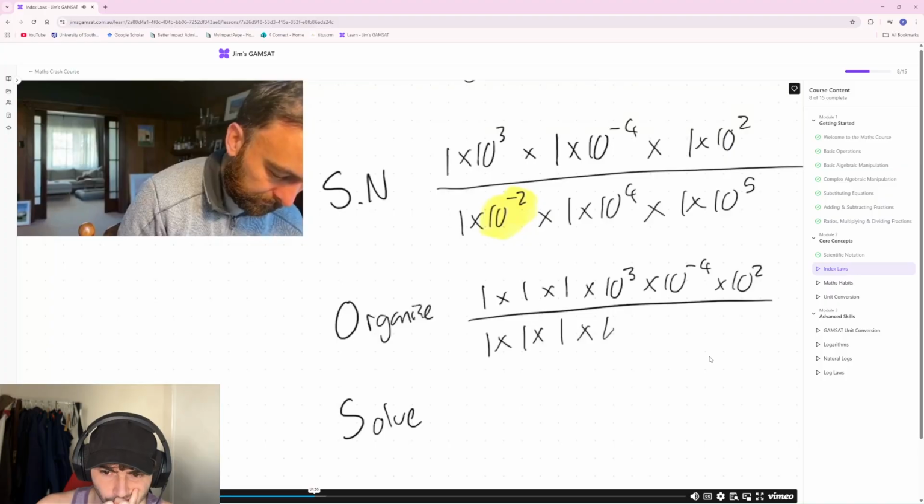Divided by 1 times 1 times 1 times 10 to the minus 2 times 10 to the 4 by 10 to the 5.